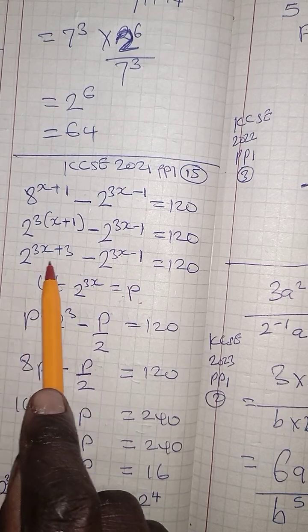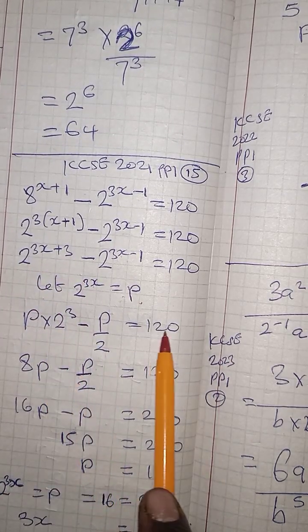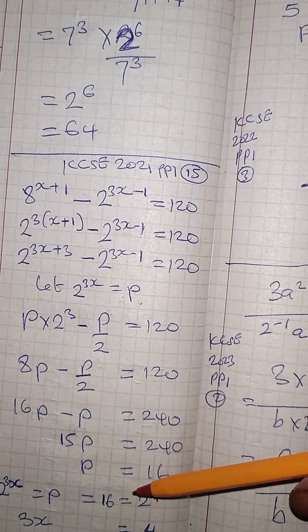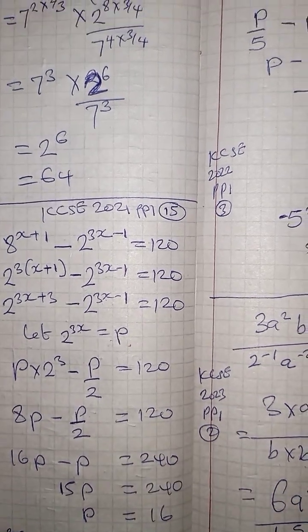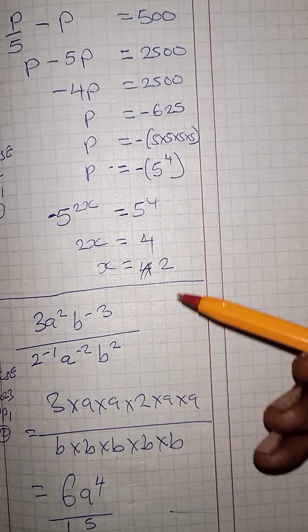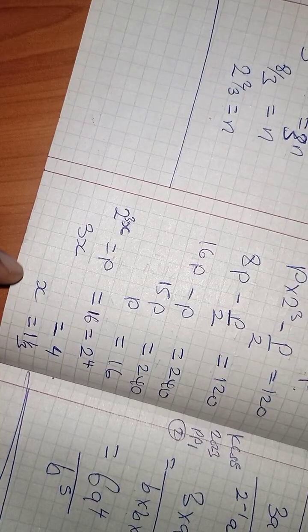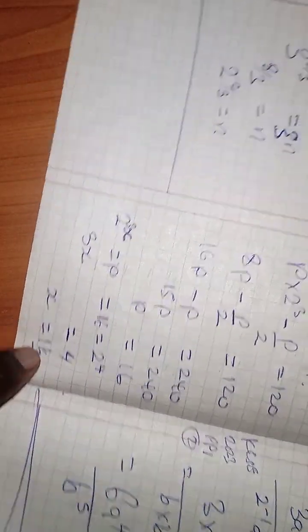Here, it's just 2 cubed. So doing the necessary, you equate those values and solve. This question was self-explanatory. After equating those values, everything falls into place. You solve and you get x is equal to a third. I don't know if it can be seen. Yeah. Solving, you get x is equal to a third.